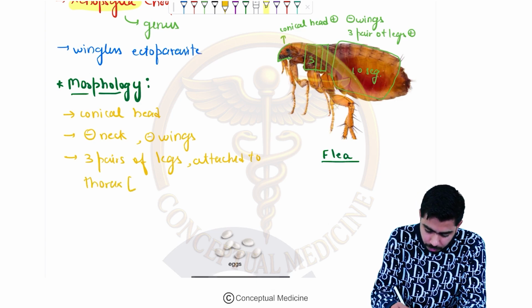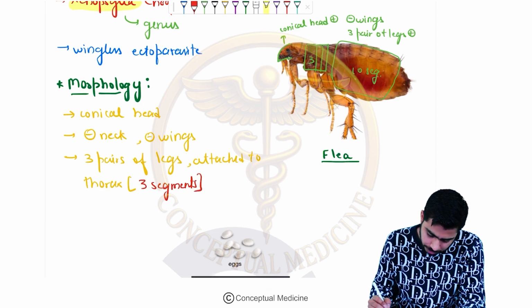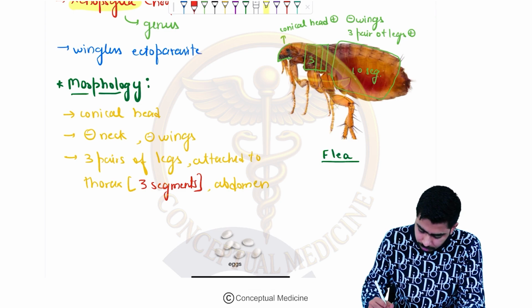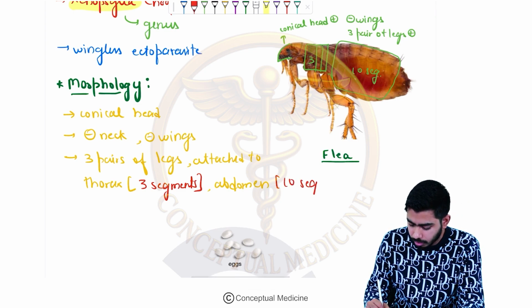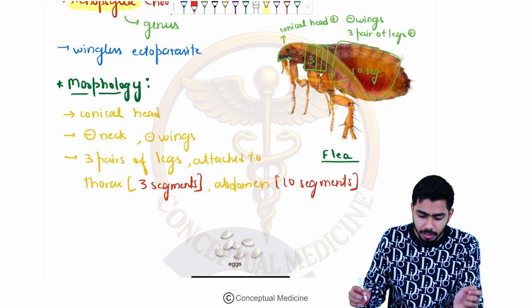How many segments did I tell you in the thorax, guys? Around 3 segments. And some of it is also attached to the abdomen, which has almost 10 segments. So this is the morphology of the flea.